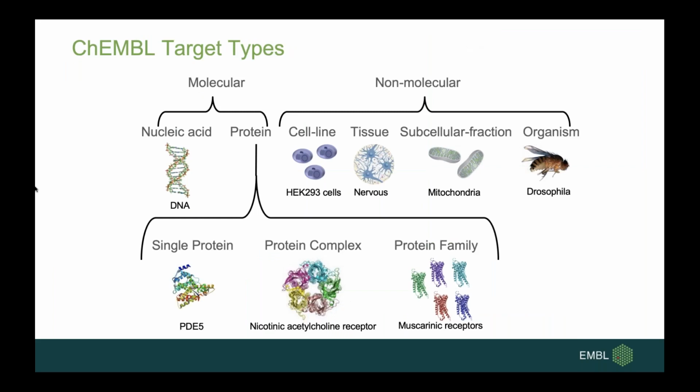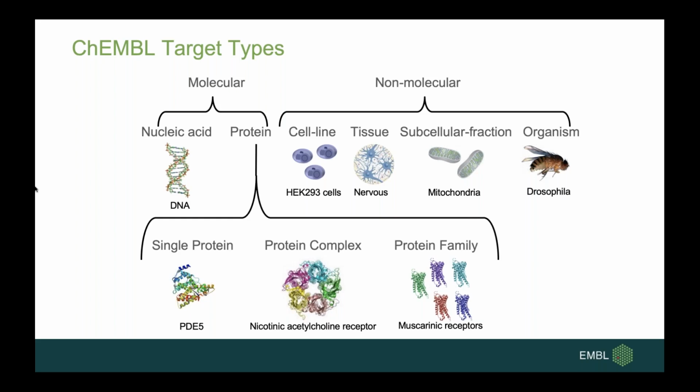I'd also like to mention the concept that we have of targets. Where a compound is binding to a single protein, that's a fairly obvious thing to measure and understand, but we also have the concept of protein complexes, for example GABA-A, which is made up of a number of different subunits. And then also the idea of protein families.